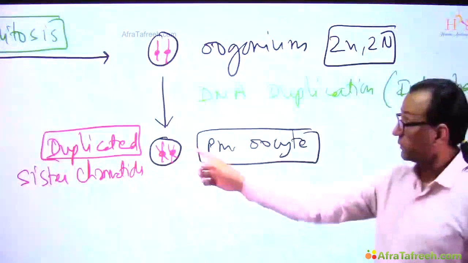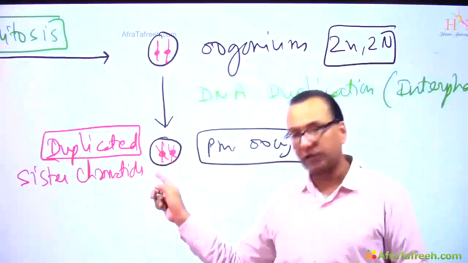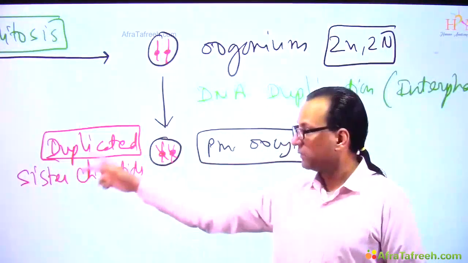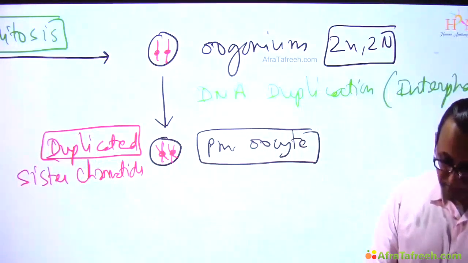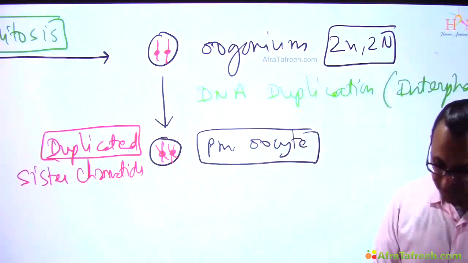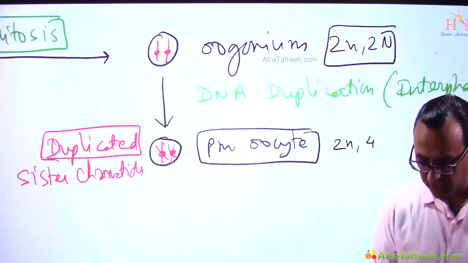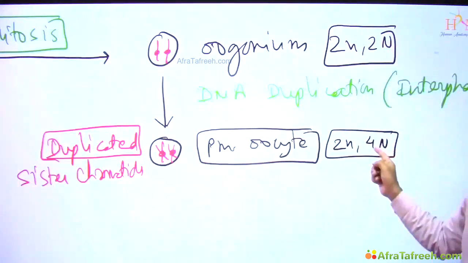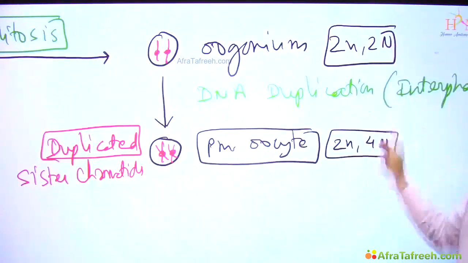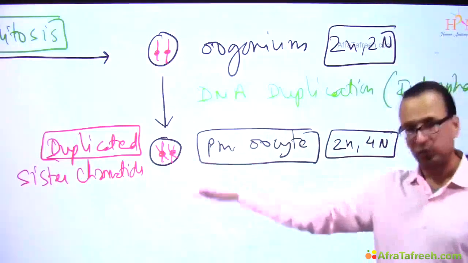Let me magnify it here. You see, sister chromatids are evident, and there is double DNA. If you say there will be double DNA, can I mention it here? Of course, but it is now 4N. So that 2N has become 4N before it enters meiosis 1.